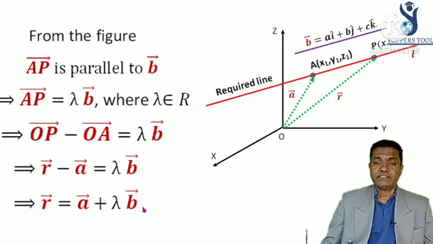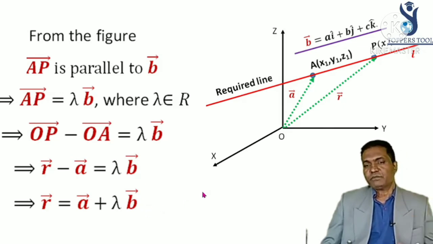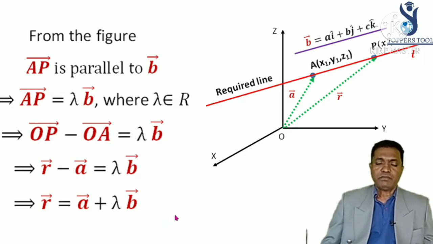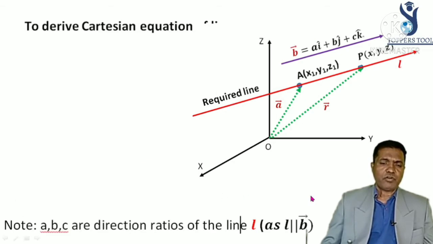This is the vector form of the equation of the line. Remember this proof, it is very simple, using only the knowledge of collinearity of two vectors.